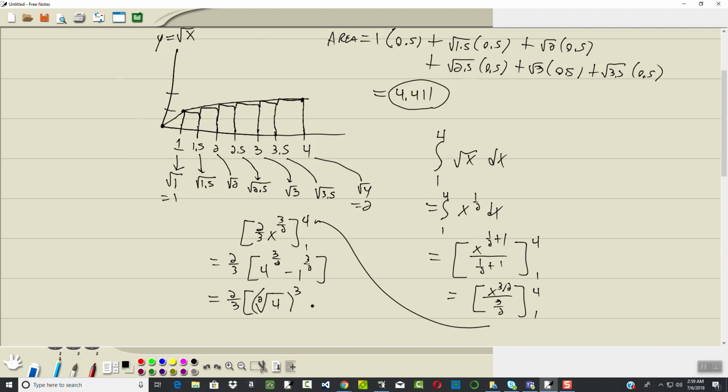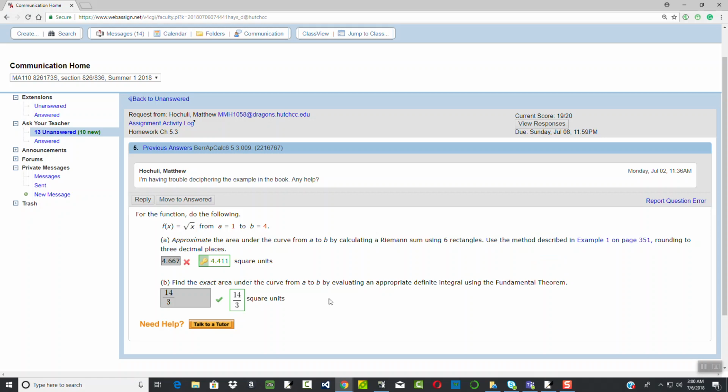Same thing here, minus the square root of 1 to the 3rd power. So I got 2/3 times, the square root of 4 is 2, 2 to the third is 8, minus the square root of 1 is 1, 1 to the third is 1. 8 minus 1 is 7, times 2 is 14, so I got 14 over 3. And that's where this 14 over 3 comes from.